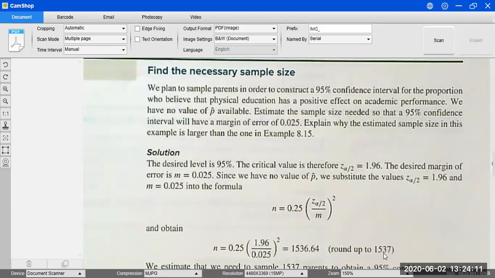We don't have a value for p hat available, so we're going to estimate the sample size needed. That 95% confidence interval will have a margin of error of 0.025.